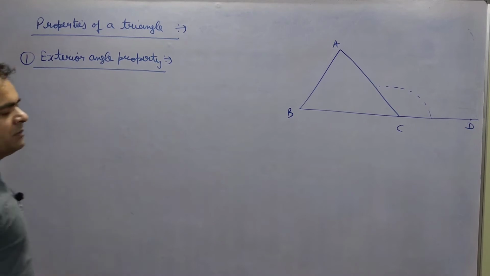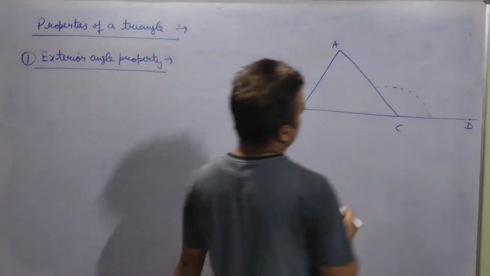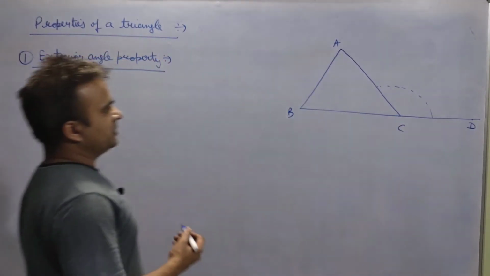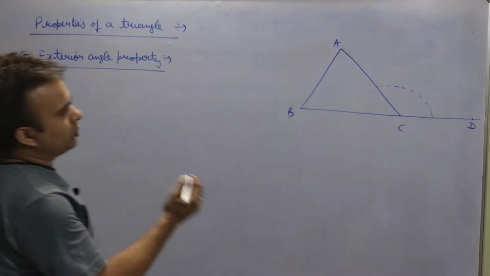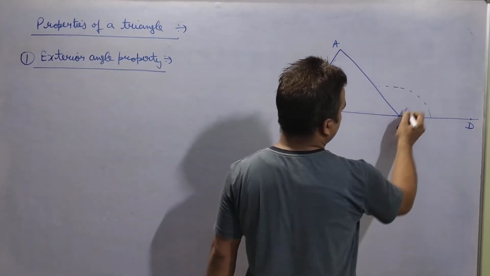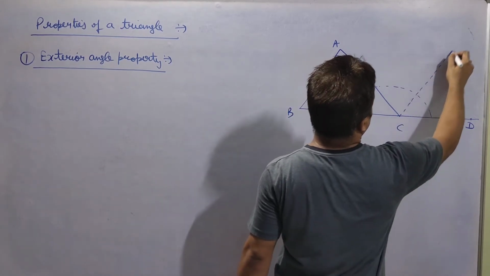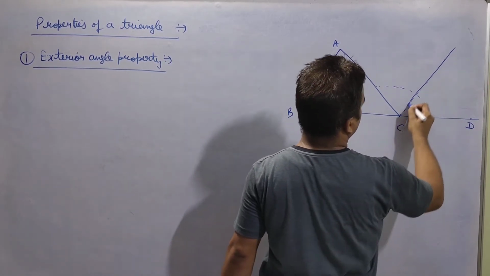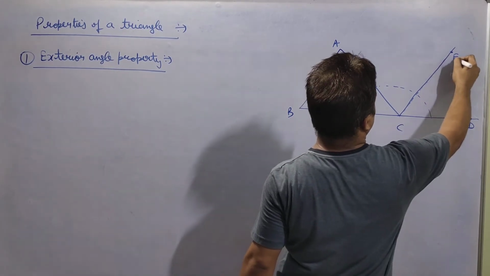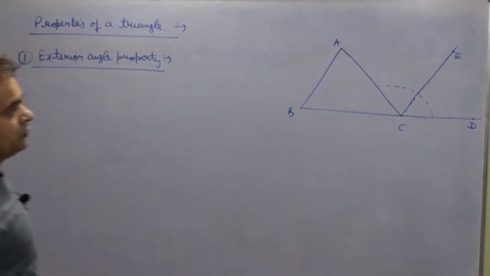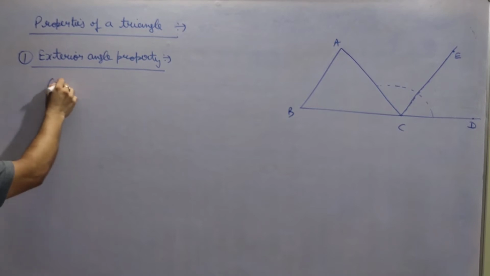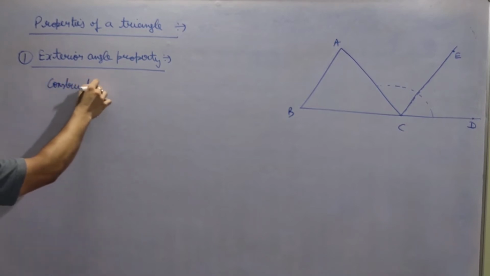So to prove this, I will do a construction. I will draw a line from C which is parallel to AB. Suppose this is CE. You have to be very specific here. I am doing a construction here, then only I can build a relationship.